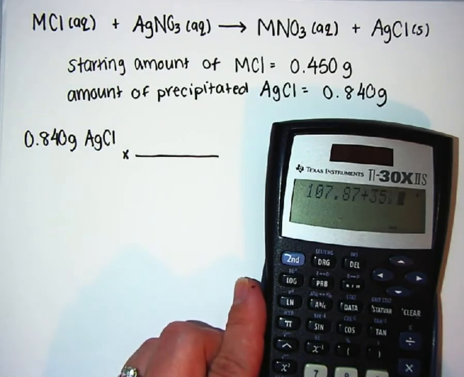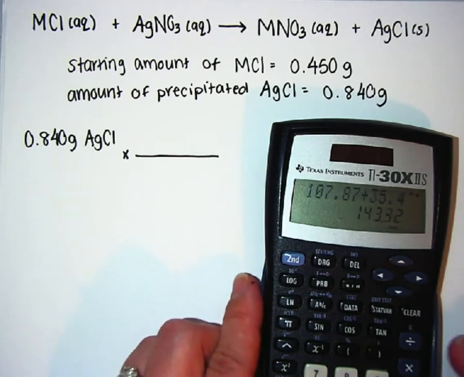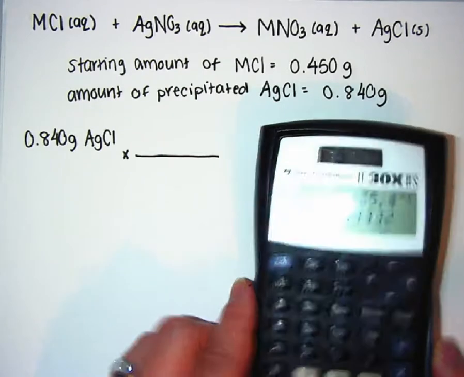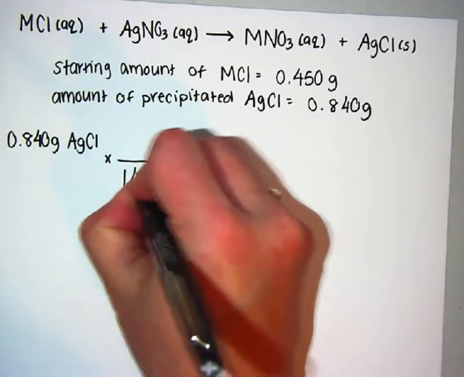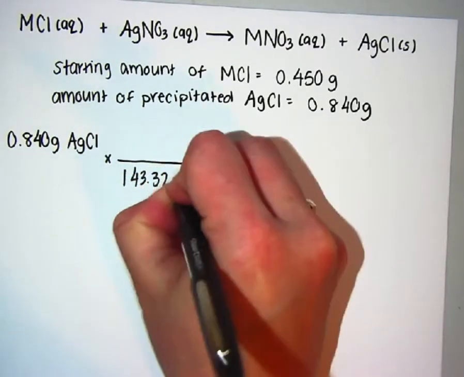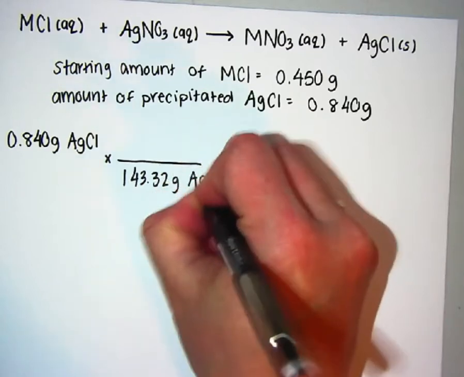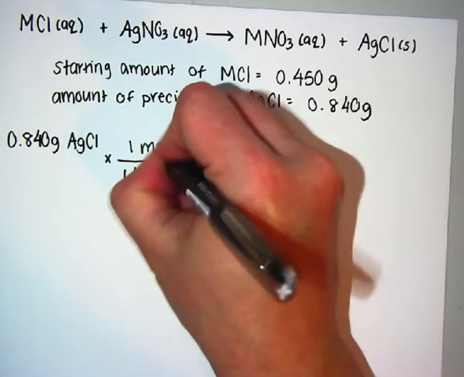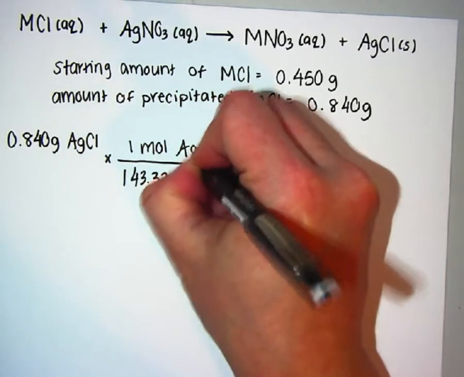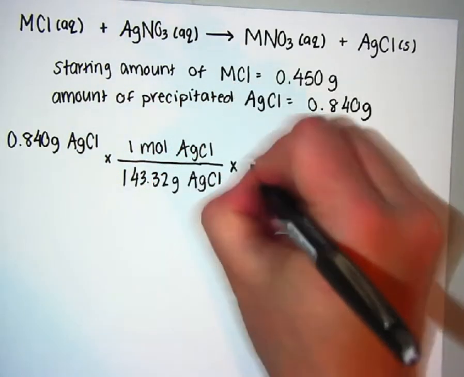Chlorine, 35.45, 143.32. 143.32 grams of silver chloride per every mole of silver chloride.